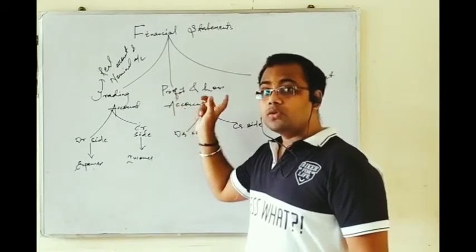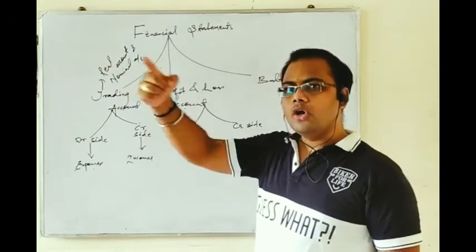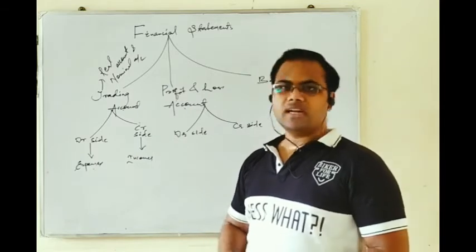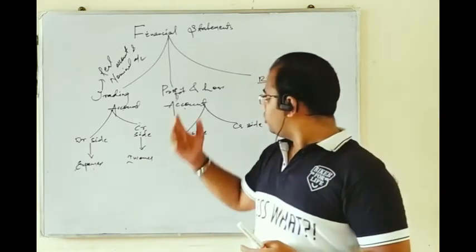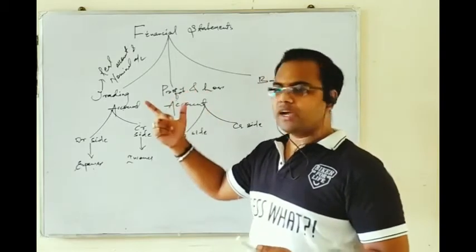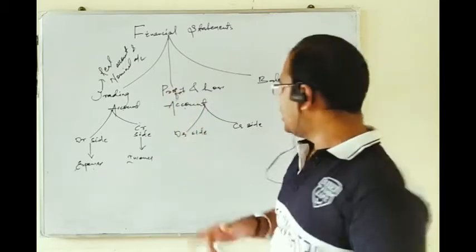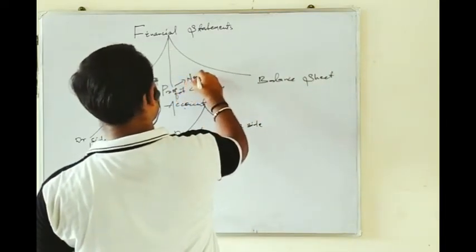So terms like profit and loss come under which type of account? Nominal account. Because if there are expenses and there are incomes, you compare them, what do you get? Either profit or loss. So these two terms come under nominal account. So profit and loss account is purely a nominal account.